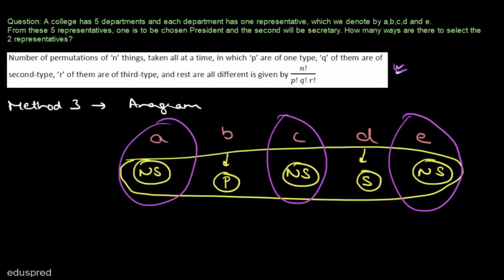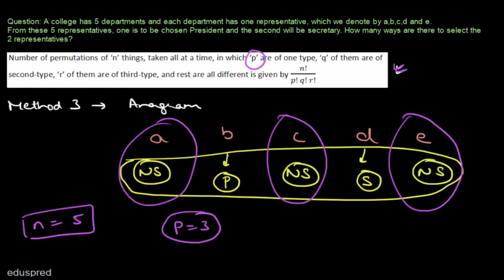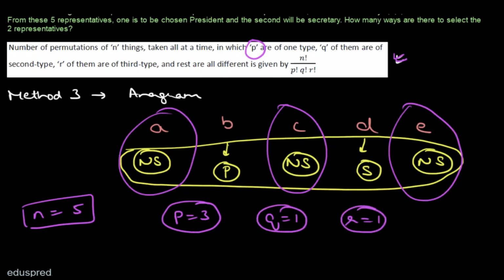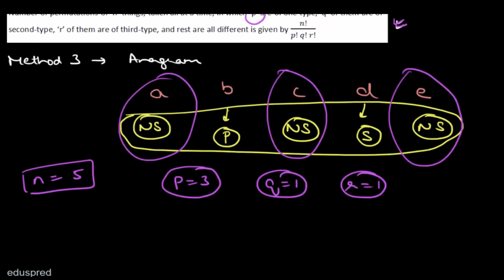What is our n in this case? n is 5. And A, C and E are of one type, so we can say that p is 3. q is equal to 1 and r is equal to 1. Using this formula, the answer should be 5 factorial divided by 3 factorial, 1 factorial, 1 factorial. This is equal to 5 multiplied by 4, equal to 20 ways.